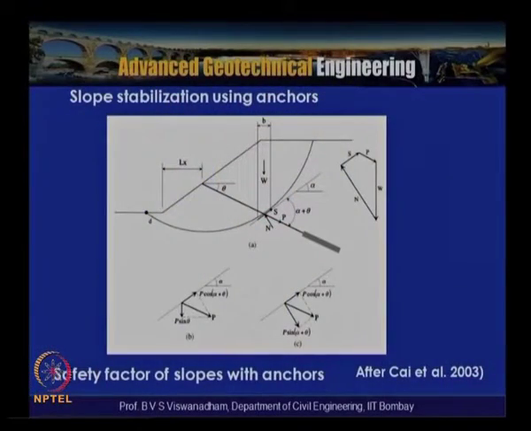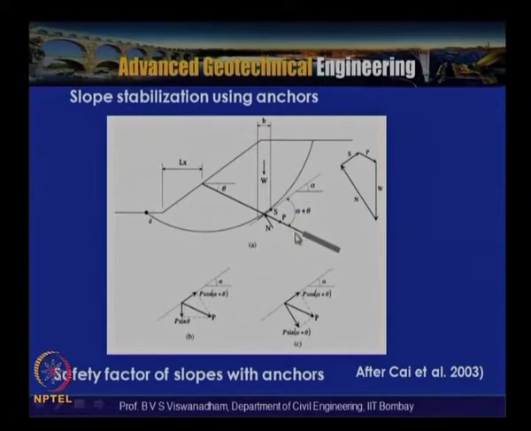Here a cross section of the slope is shown, wherein we have the inclination of the anchor at an angle theta with the horizontal, and this is the potential failure surface which is assumed, at an angle alpha with the horizontal, and this is the particular slice having width B and weight W. Here S is nothing but the soil shear strength, and this is the normal reaction from the soil. Now this particular force P is nothing but the anchor force or tension in the anchor.